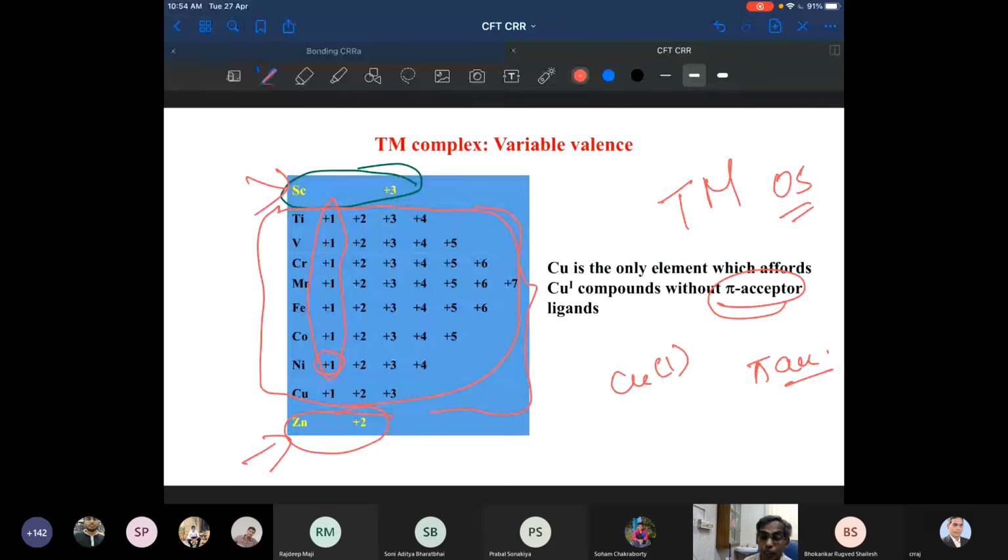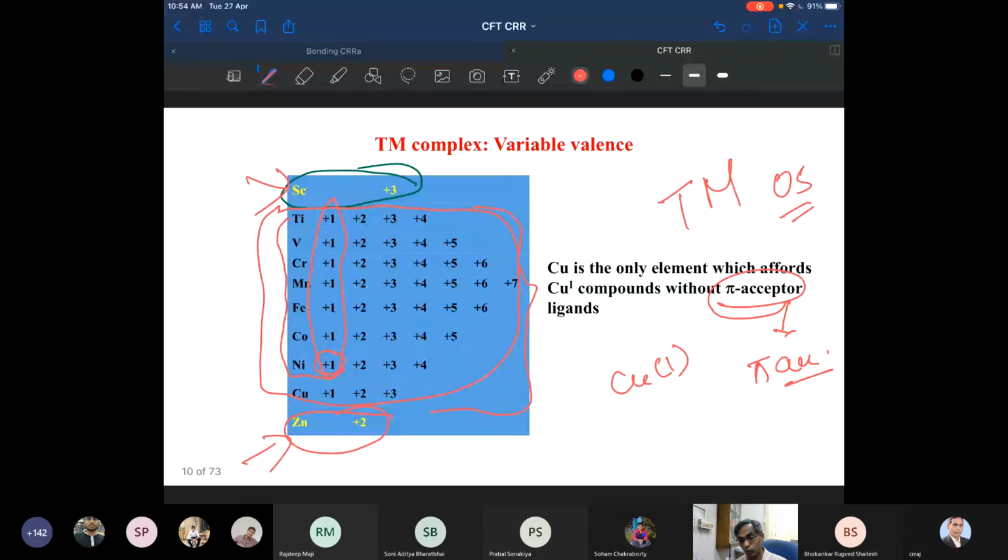You know the pi acceptor by donor. If you do not know, wait till I finish the crystal field theory. Then at the end of the day, I will be bringing the ligands to explain to you. Without a pi acceptor ligand, copper 1 can be stabilized. All other +1 oxidation state transition metals cannot be stabilized without a pi acceptor ligand.